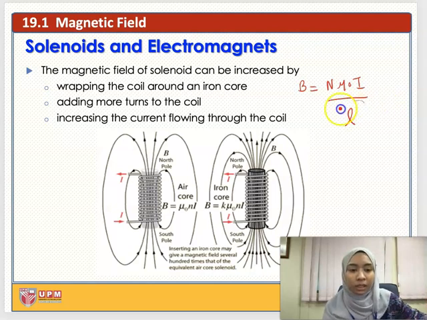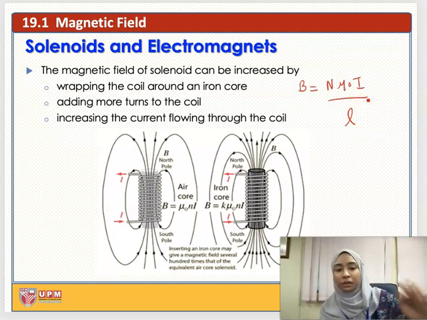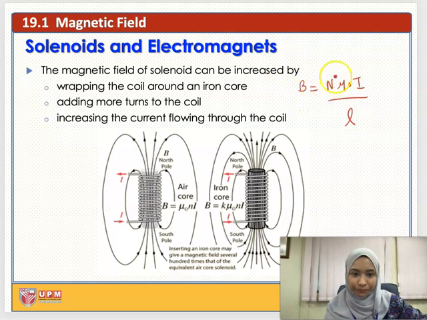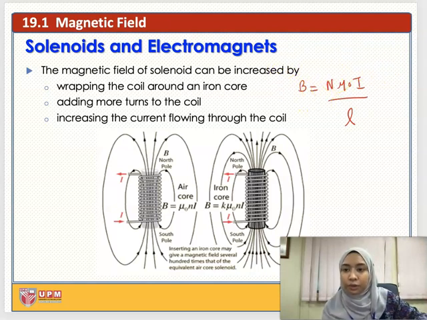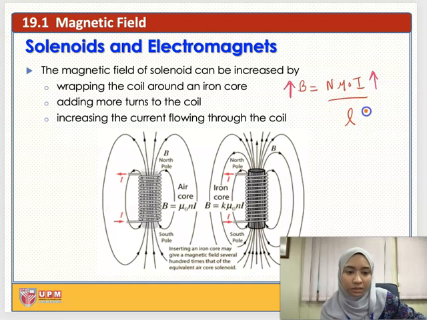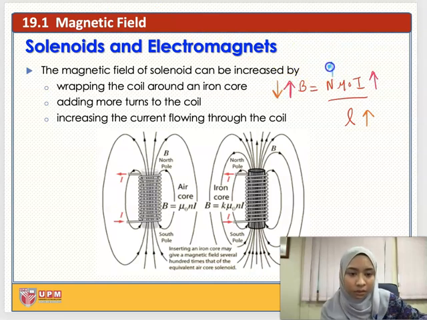So the denominator is different, okay? So here for a solenoid, you can see that if you increase the current, you will increase the B. If you increase the length, you are decreasing B. If you increase the number of turns, you are increasing the B.